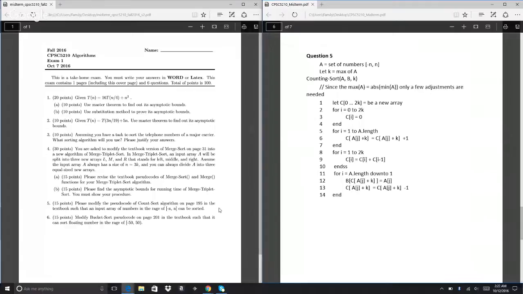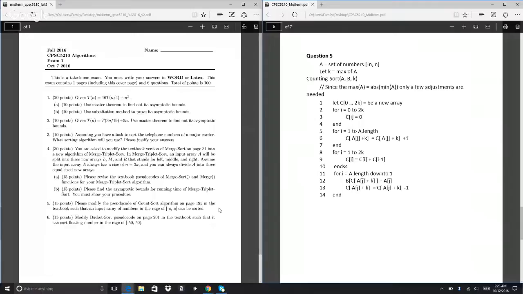Since the max of A, which is n, is also equal to the absolute value of the minimum of A, there's only a few adjustments needed. So initially you'll have your C be from 0 to K. But let's, for the sake of argument, say that it's symmetrical from -n to n, then you can see how it becomes 2K for the total width, since K is the max.